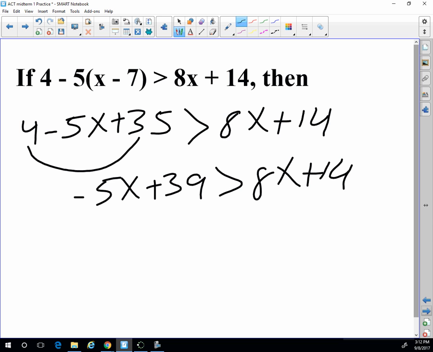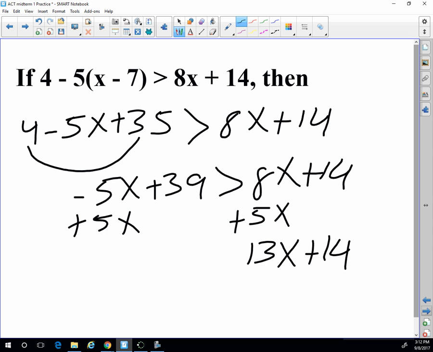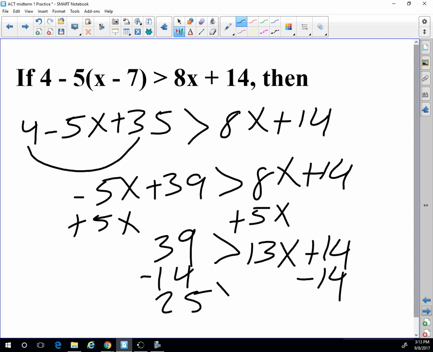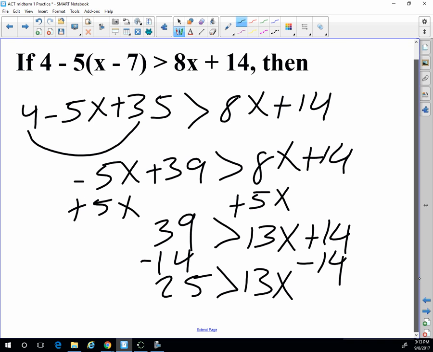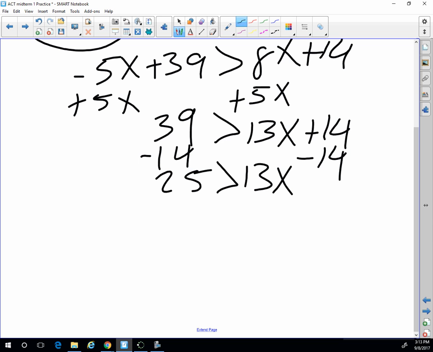And then I can add 5x to each side. So I have 13x plus 14, and that is less than 39, if you read from the right to the left. Anyways, we'll go ahead and subtract the 14, and that gives me 25 is greater than 13x. We're still getting simpler and simpler as we go.